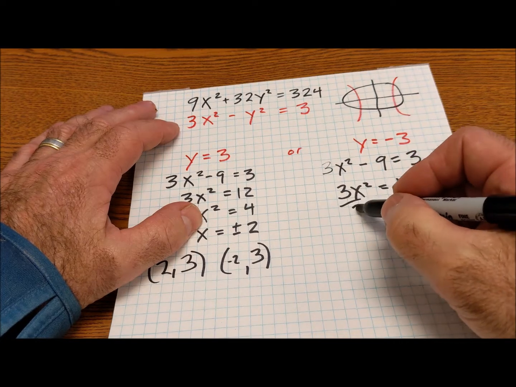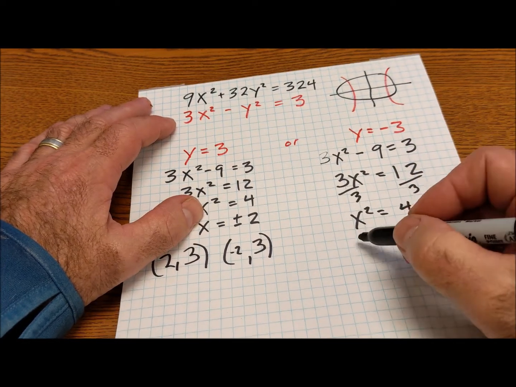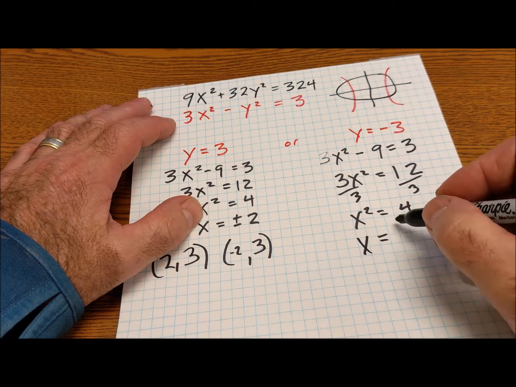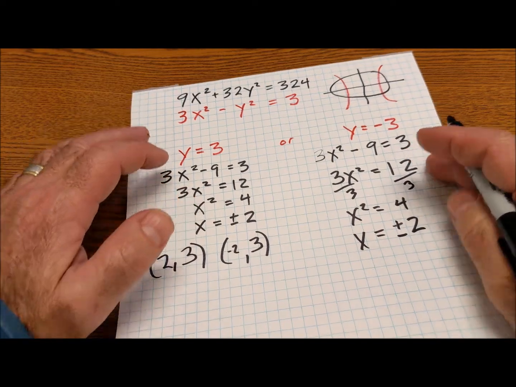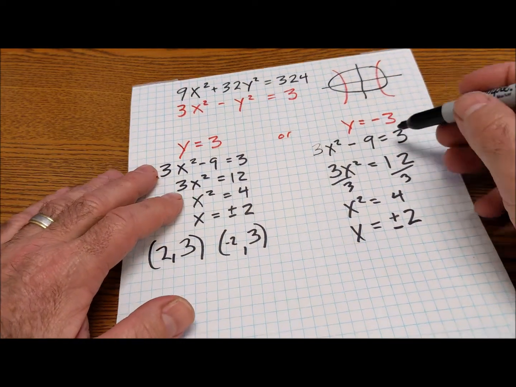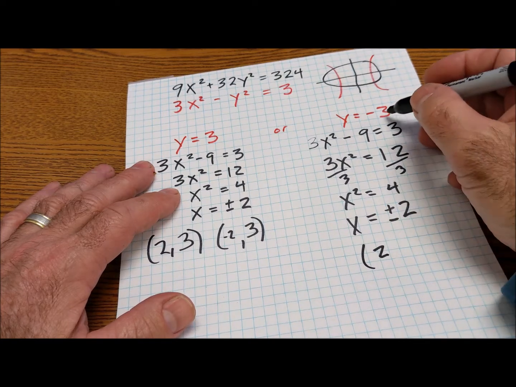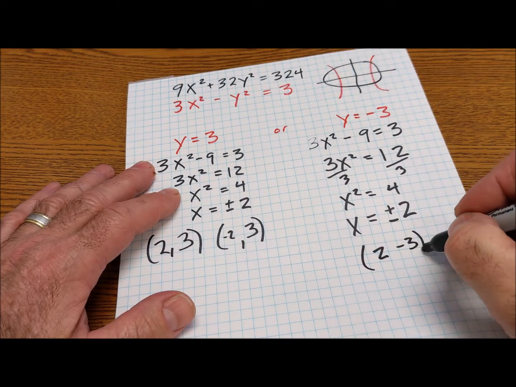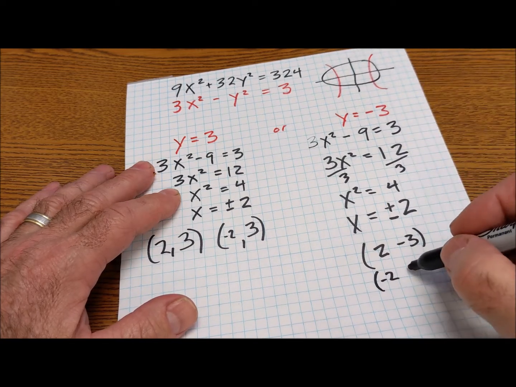Divide both sides by 3. X squared is equal to 4. Square root of both sides. X is equal to positive 2 or negative 2. And then I have a y value of negative 3. So another solution could be that positive 2 x and that negative 3 y, or that negative 2 x with that negative 3 y.